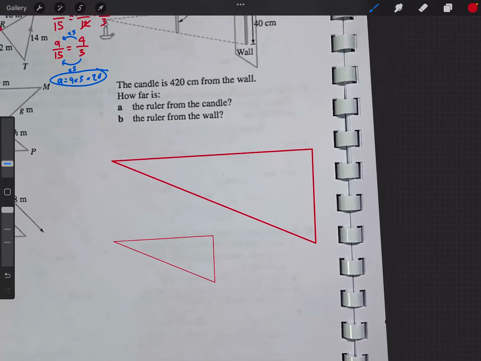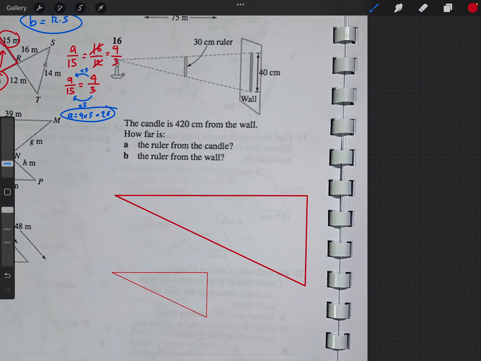Right, so now we know the candle is 420 centimeters from the wall. So here's the candle. This is the wall. So this is 420 centimeters. And this is the shadow of the candle, by the way, and that is 40 centimeters.